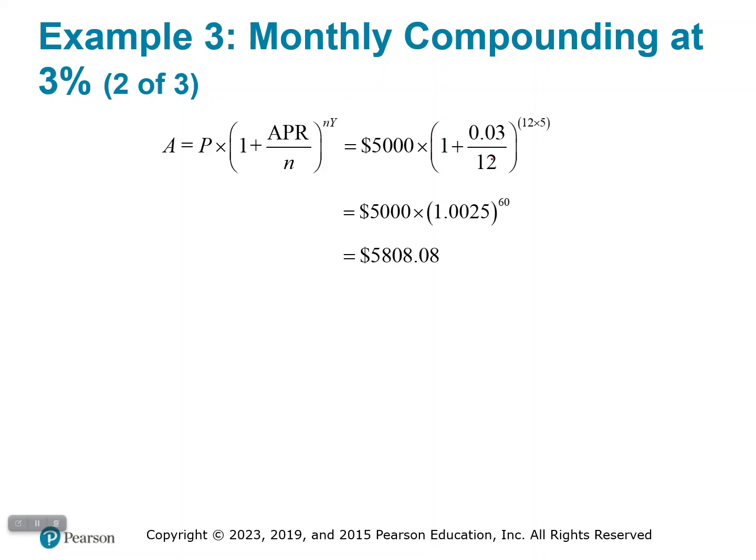How much interest am I getting? I'm getting 3%, but it's being divided up 12 times. So I do parentheses first. 1 plus 0.03 divided by 12 will give us 1.0025. My exponent, 12 times 5, gives me 60. Next step, I'm going to type this entire thing into the calculator exactly as it's written, and I'll get $5,808.08.